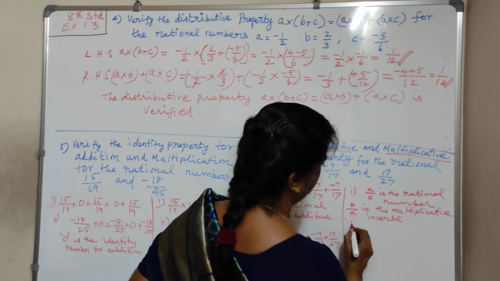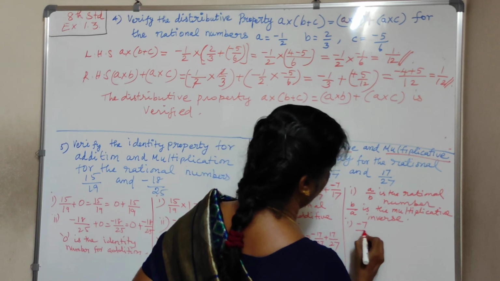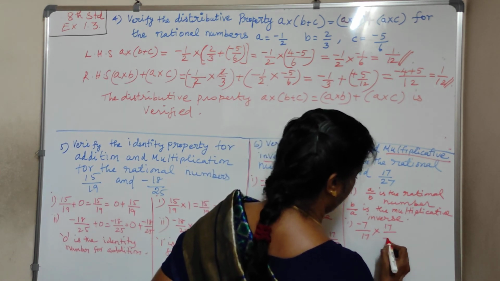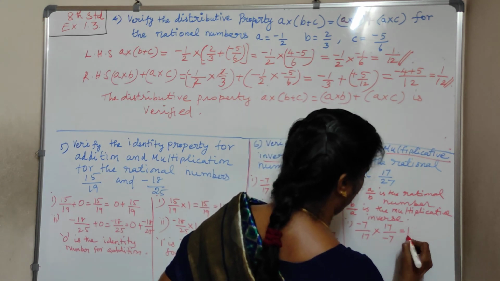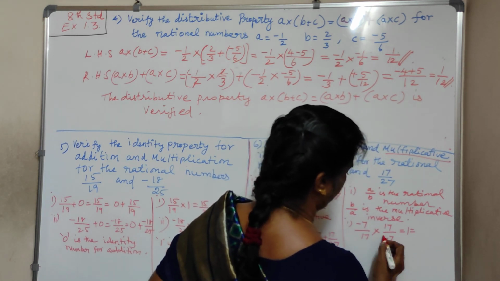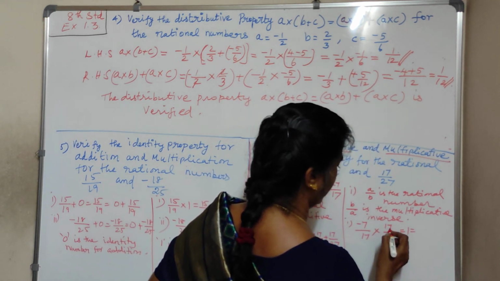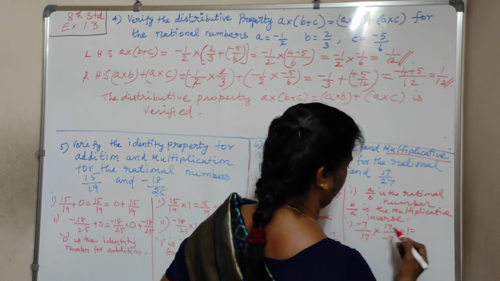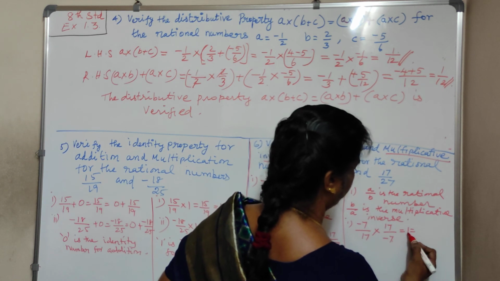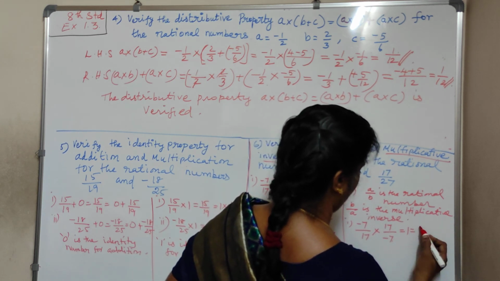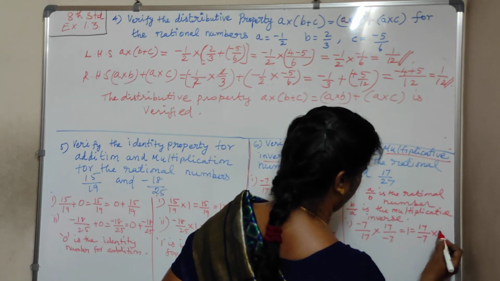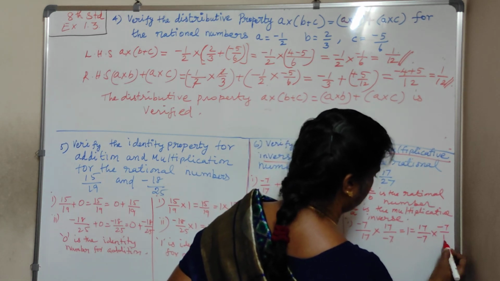So for the first question, minus 7 by 17, you multiply with a 17 by minus 7, which gives you 1. Minus 7 get cancelled, and a plus 17 and plus 17 get cancelled, which gives you plus 1. So 17 by minus 7 into minus 7 by 17.